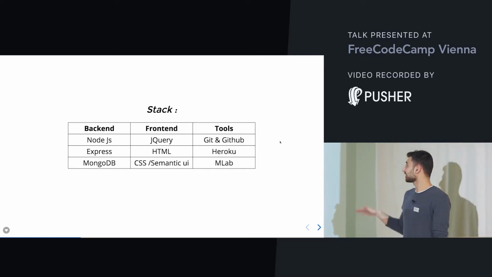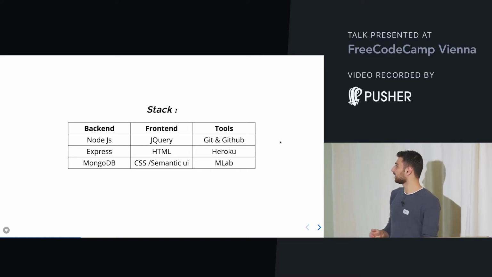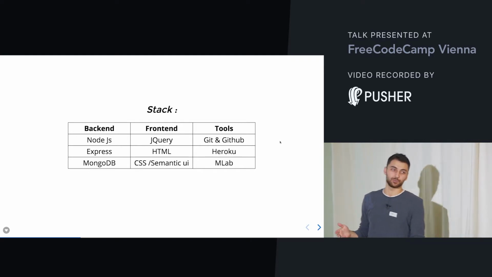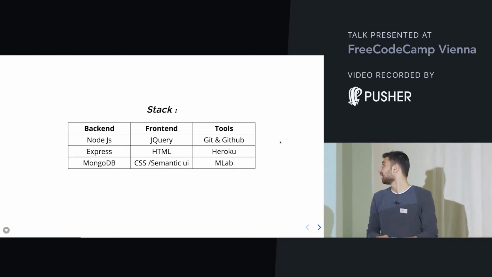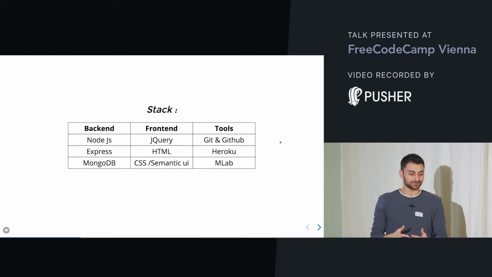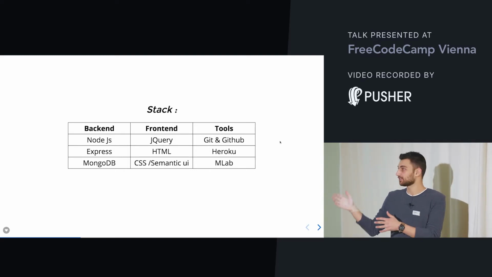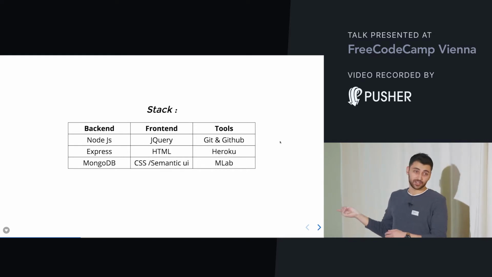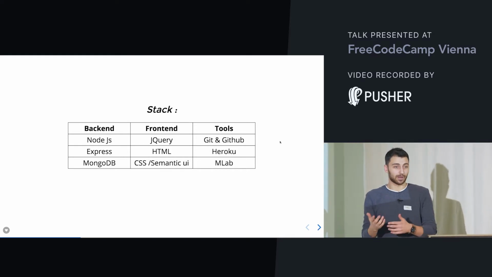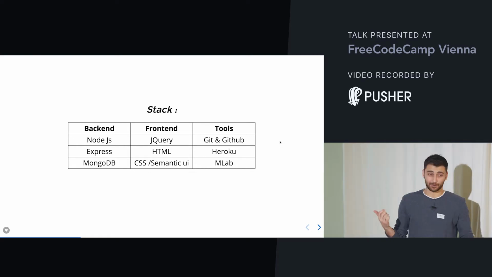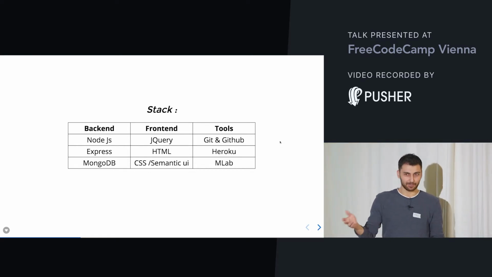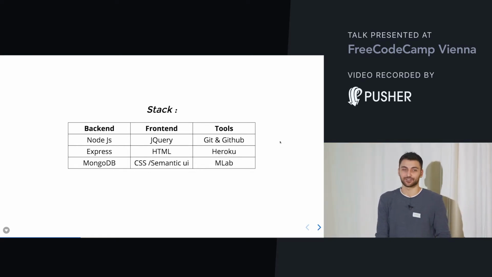The tools I used were Git and GitHub, and Heroku and mLab. For people who do not know it, mLab is a cloud database service. You can host your Mongo database on it. Heroku is a cloud platform where you can publish your website. I published for free because it's a subdomain, and you can publish it even as a domain up to 500 megabytes.